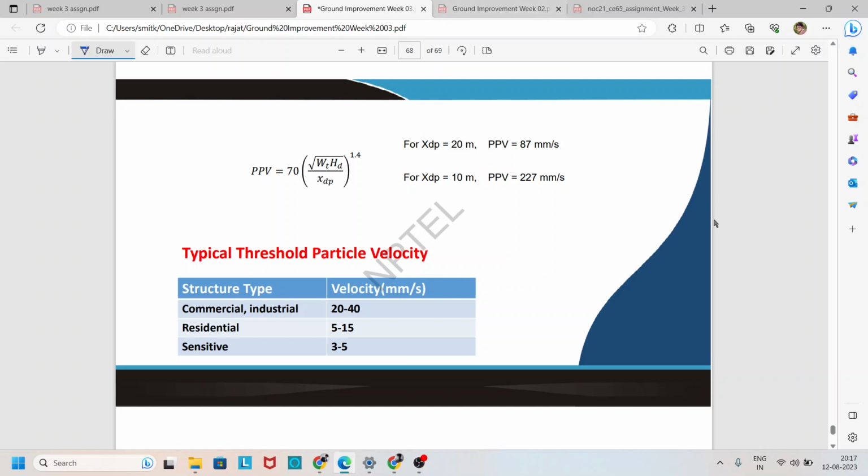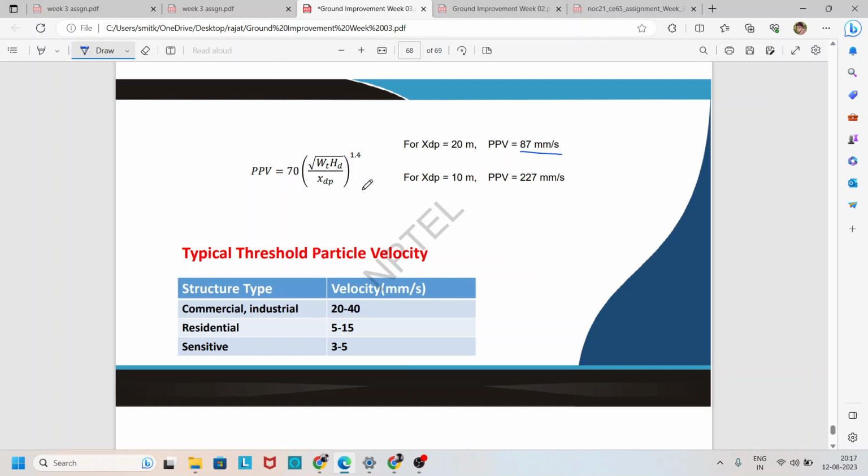For the first case, the residential area at 20 meter, after putting in all the values, the peak particle velocity is 87 millimeters per second.